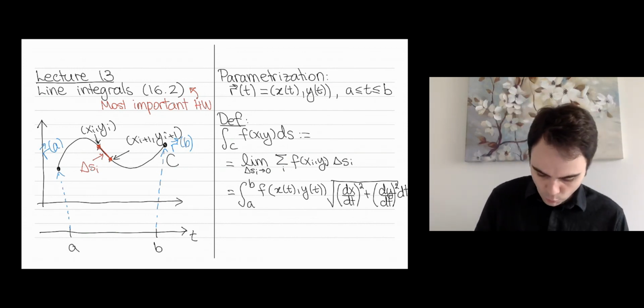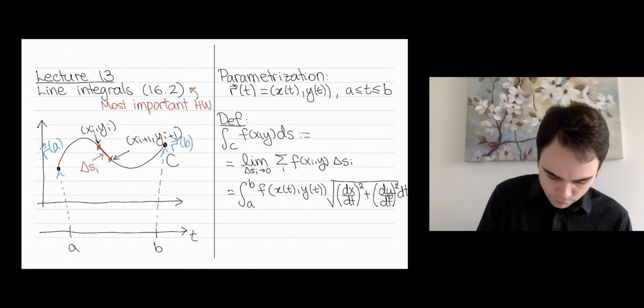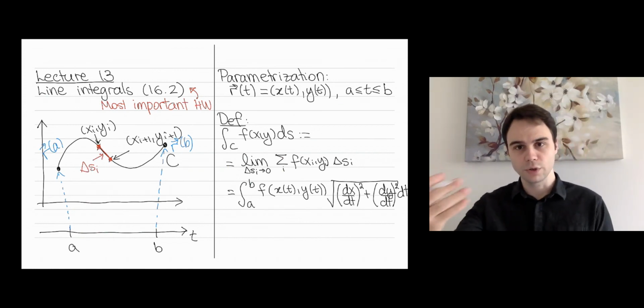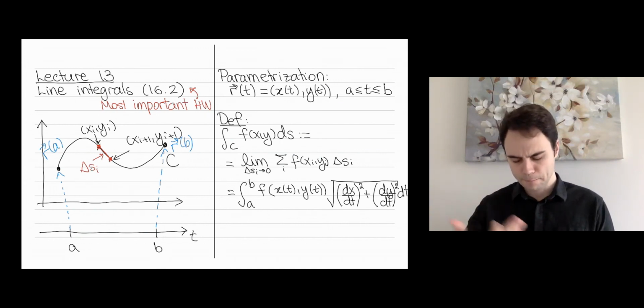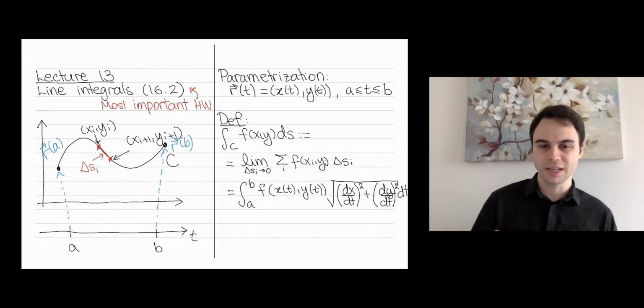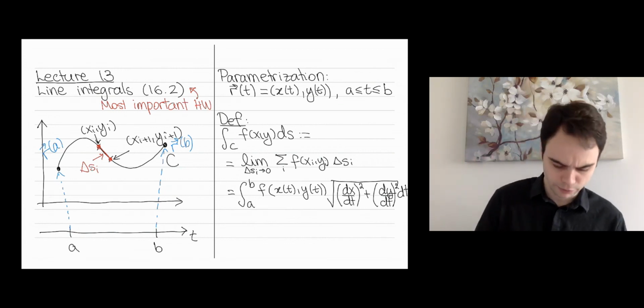For each point in the t line we get a point in the curve, but conversely, if you give me a point in the curve, when you have a parameterization, you have a corresponding t parameter for that point.